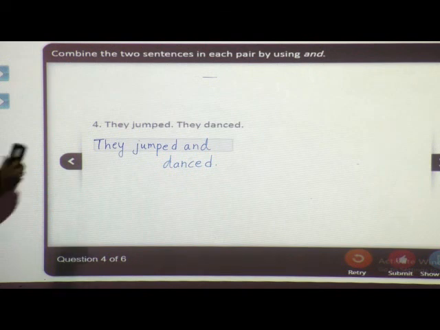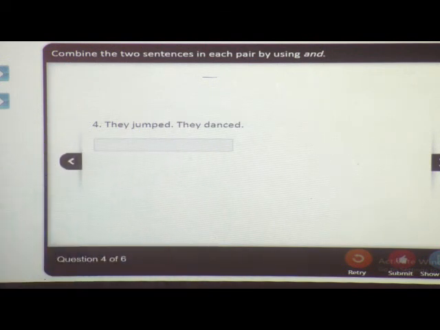The fifth one, she shouted, she cried. So what will be the correct answer here? She shouted and cried.